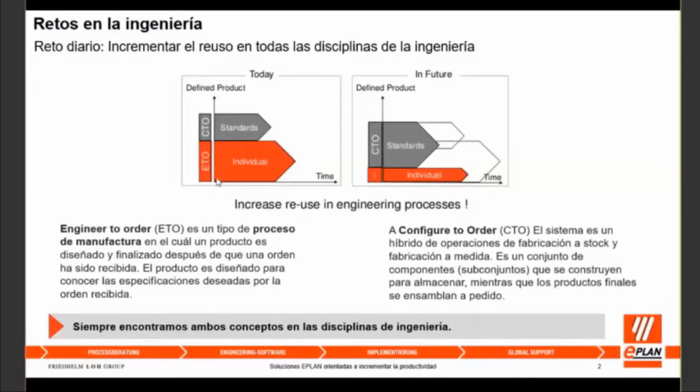Esta es una imagen en la cual podemos definir cómo es nuestro actual método de trabajo, en la cual la mayoría de los clientes, no puedo generalizar, cuando tienen un proyecto realmente hacen una inversión importante de tiempo y esfuerzo en hacer ingenierías individuales.